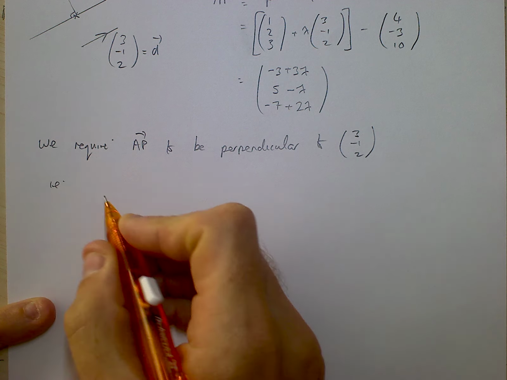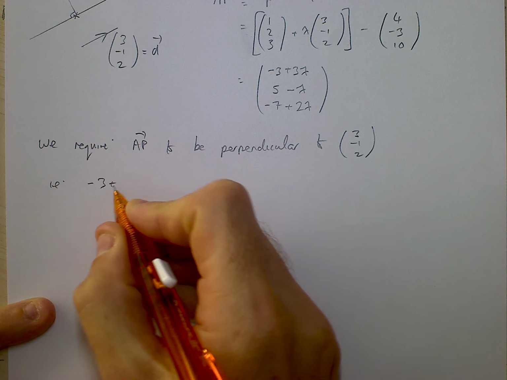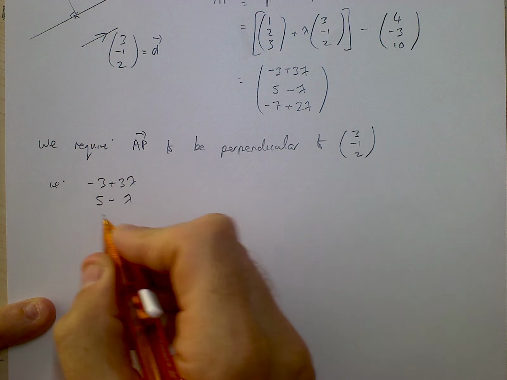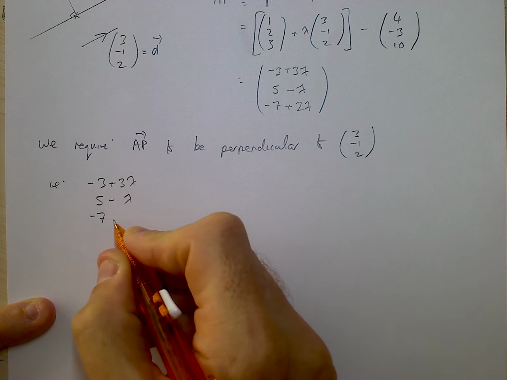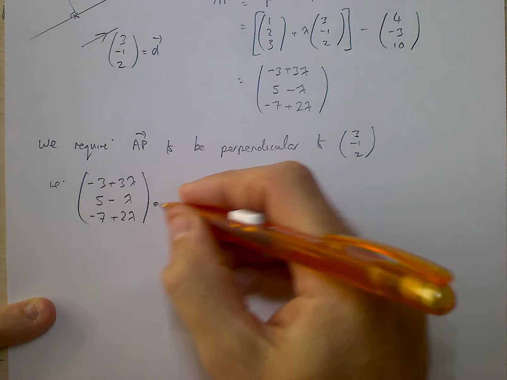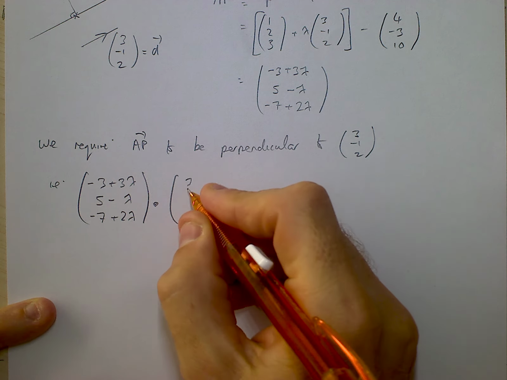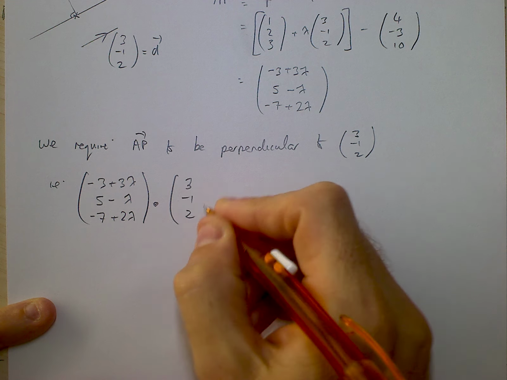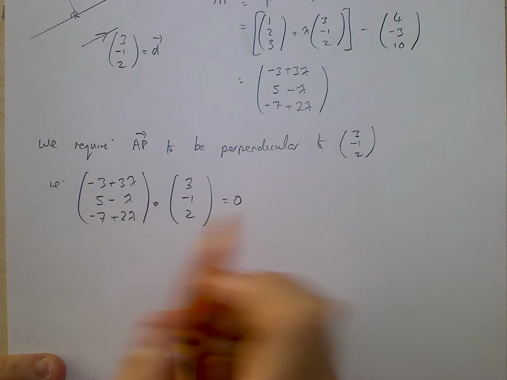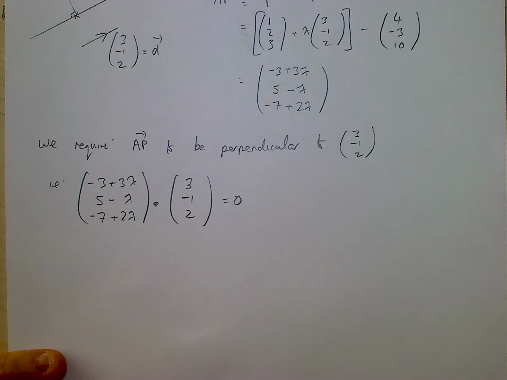So I need (-3 + 3 lambda, 5 - lambda, -7 + 2 lambda), this is the vector AP, dotted with (3, -1, 2) to be 0. And this will lead me to the value of lambda, which makes them perpendicular.